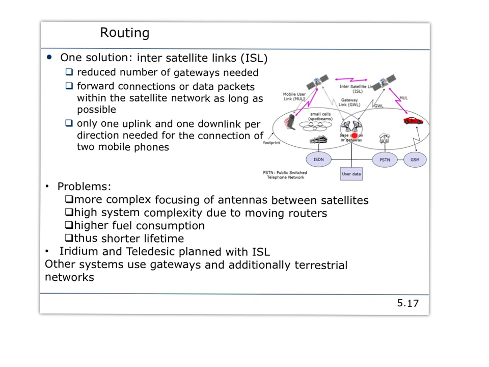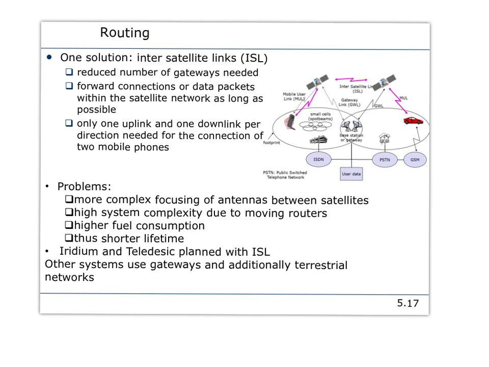But if you send it to Earth and then send it back up again, the latency becomes really high. So we need to forward connections or data packets within the satellites through the ISL as much as we can, but not in all cases it's possible. Only one uplink and one downlink is usually our goal. We try to achieve that, but not in all cases is it achievable.